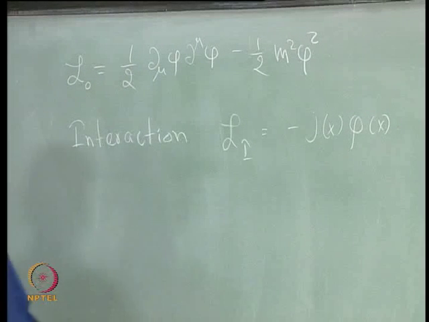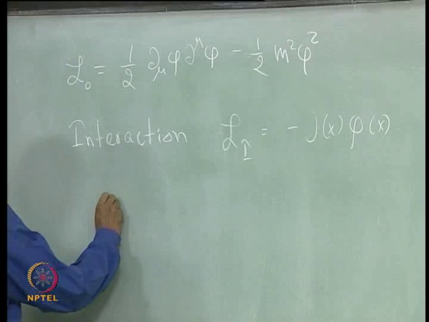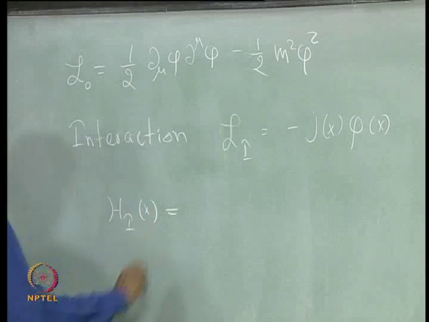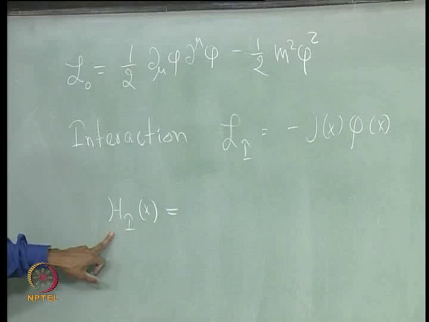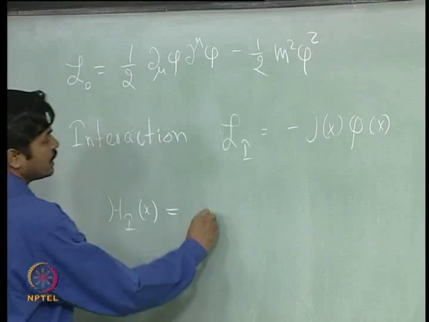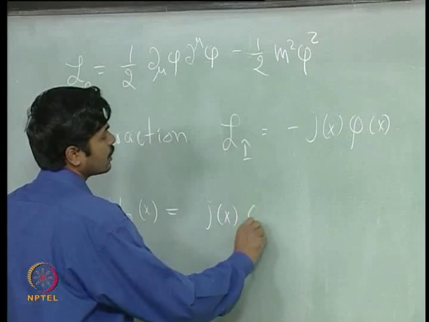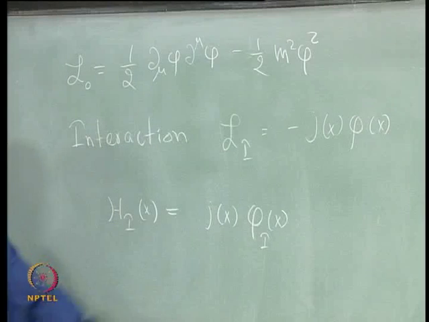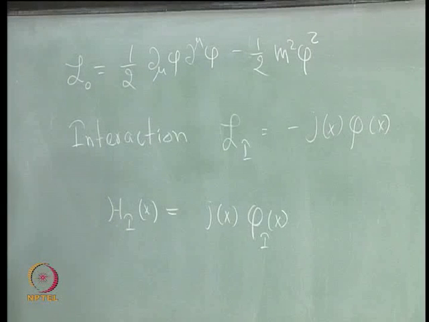So, let us consider the S matrix now. The interaction Hamiltonian density H_I of x is J of x times phi_I of x, where phi_I is the quantum field phi in the interaction picture.